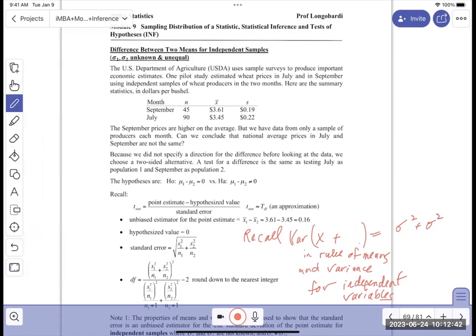So all we're doing is adding, and then we take the square root because we work with the standard error, or standard deviation.